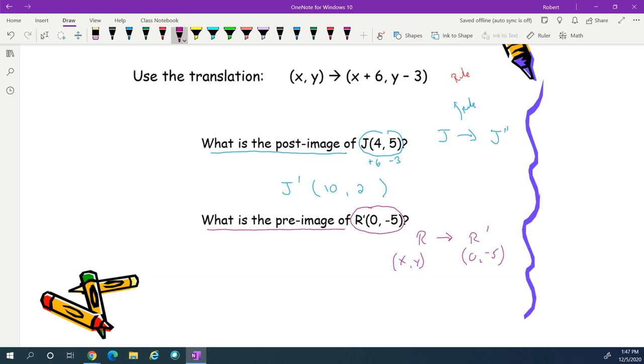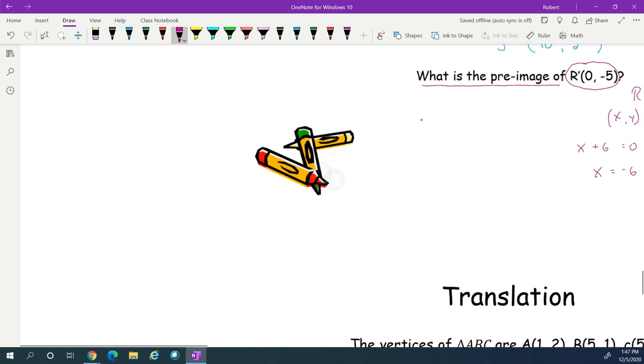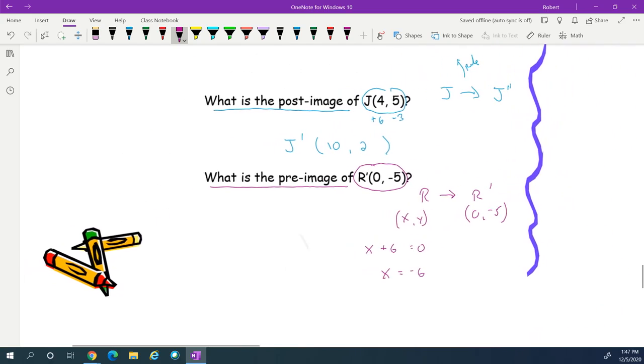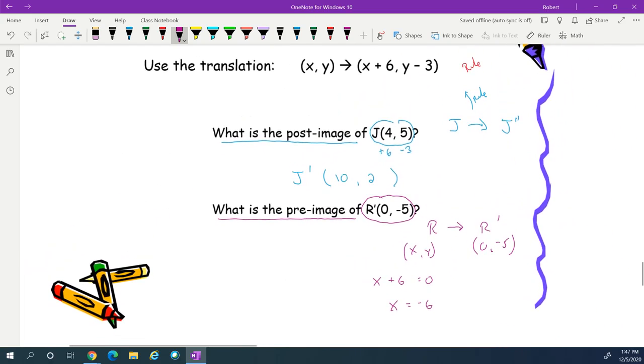But again, we were told the rule. We took the x, added 6, and we ended at 0. So x is -6. So for wherever R was, the original x, the rule said add 6 to get to R prime, which is at 0.